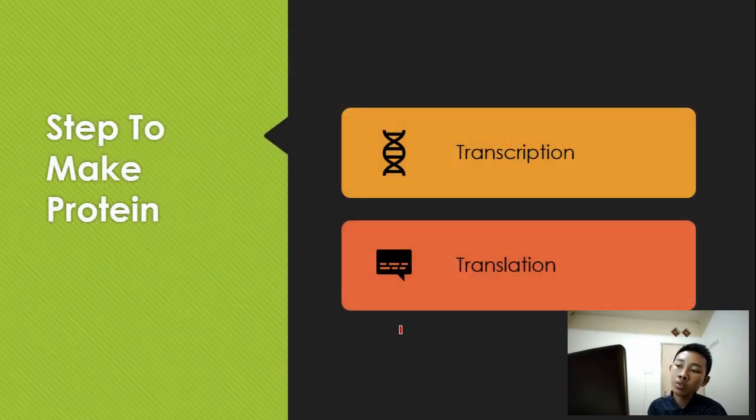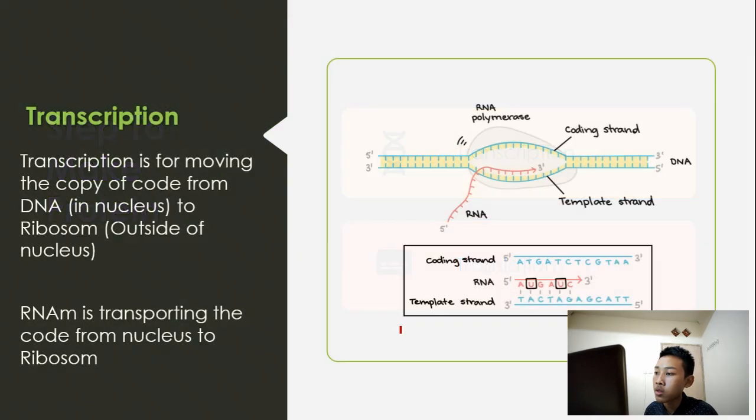Now after we know that DNA has a partner, RNA, we go to the steps of making protein. There are transcription and translation. First, transcription.